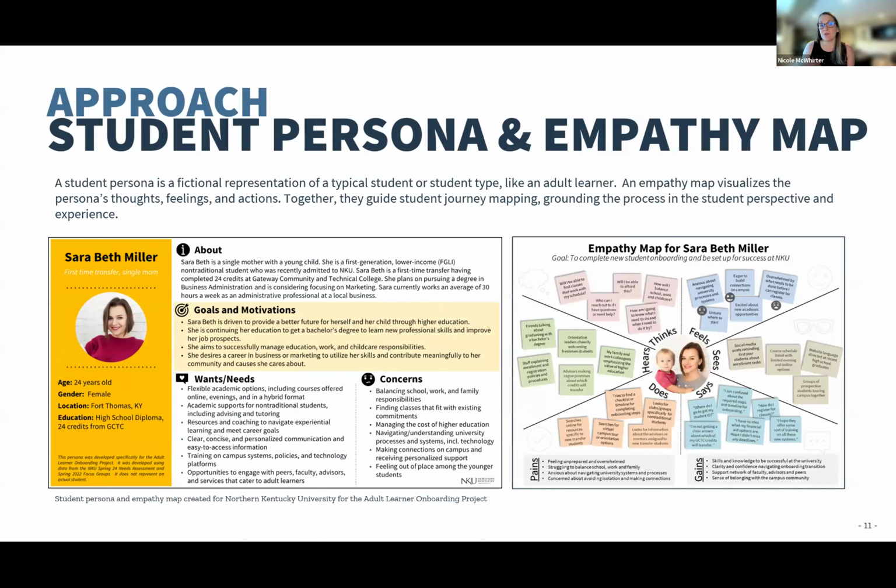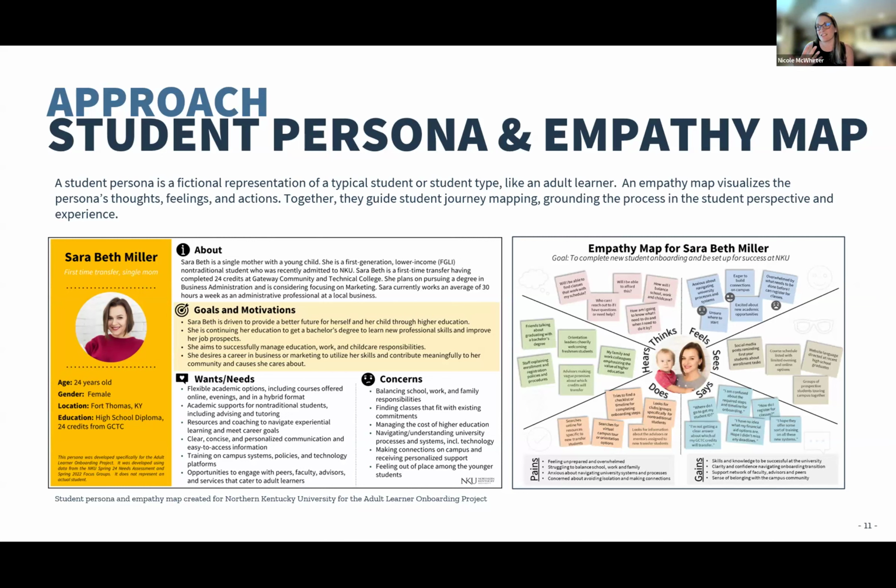And luckily, Northern Kentucky University has a strong commitment to adult learners, and as such has created this adult and transfer center. That group collects regular data from their students through surveys and focus groups. And so they have a lot of data that we were able to then use to understand who their students are. Personas are not a particular student, and they're not a stereotype.